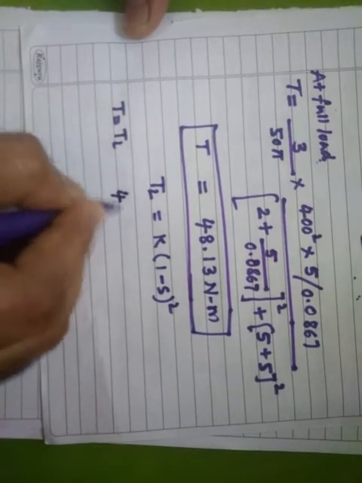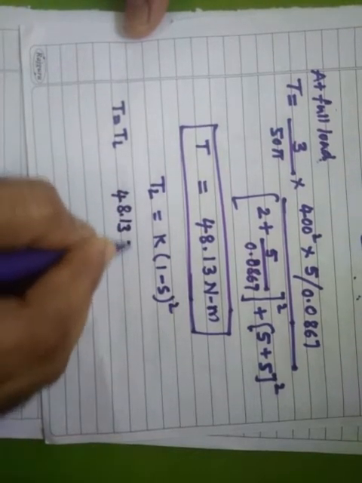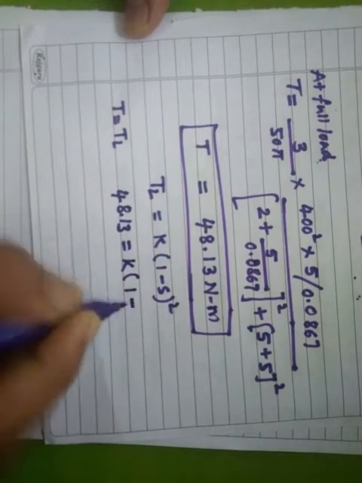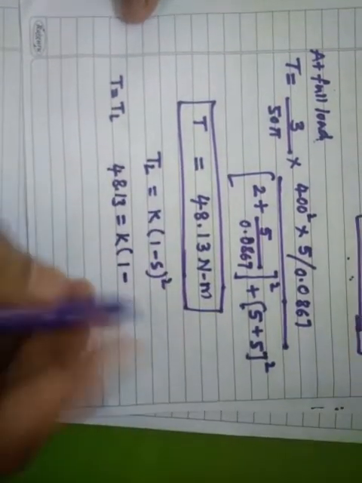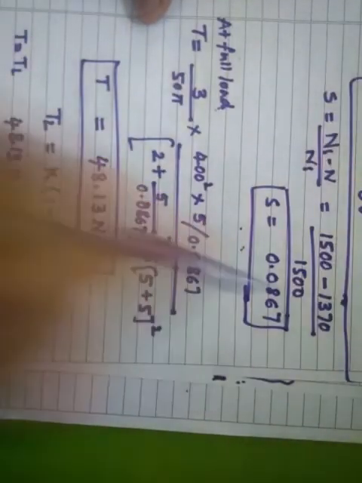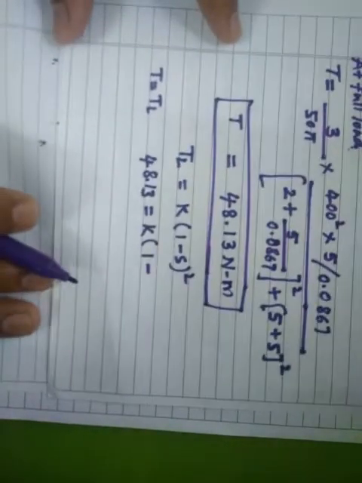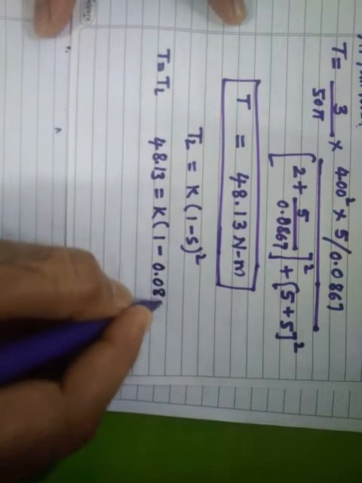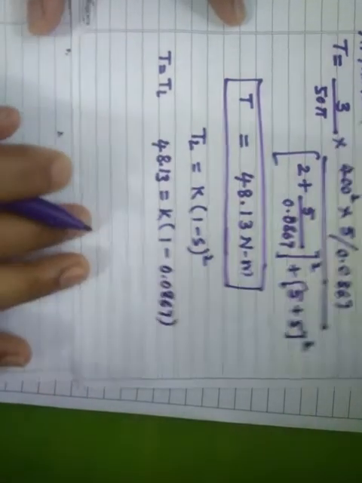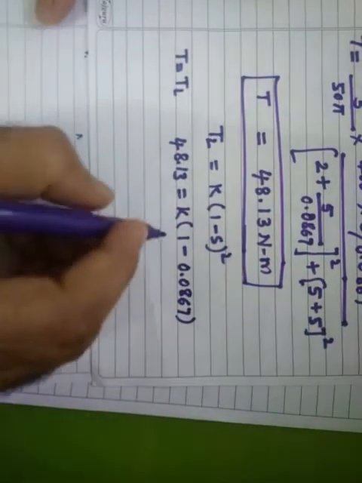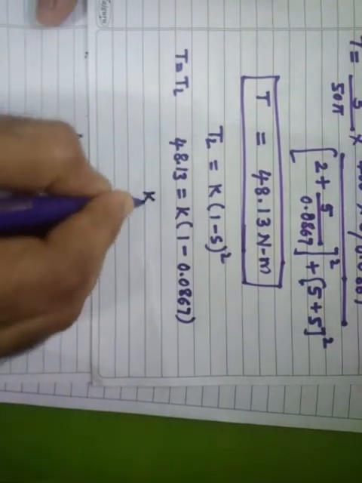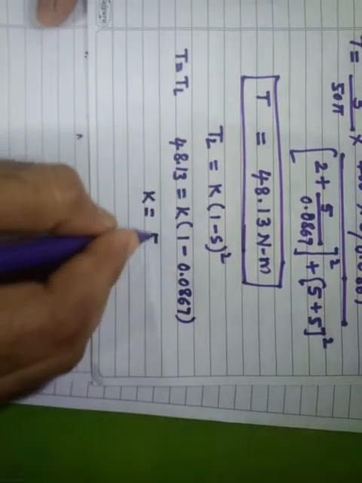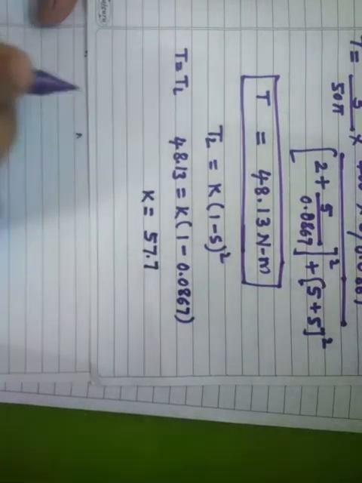So it is 48.13 is equal to K(1 minus the slip I got here, 0.0867) square. Okay, now if you calculate this, you will get K is equal to 57.7.